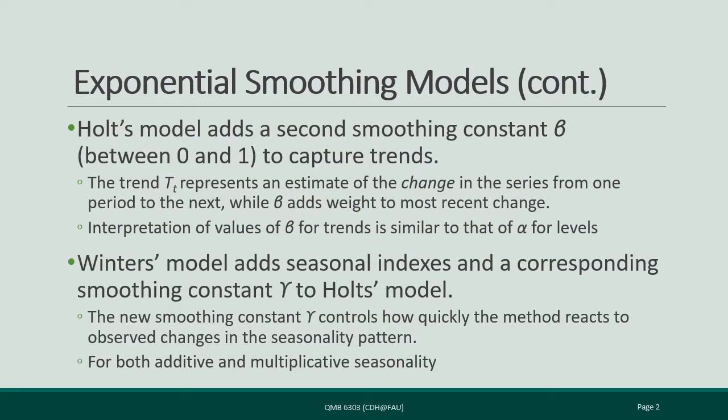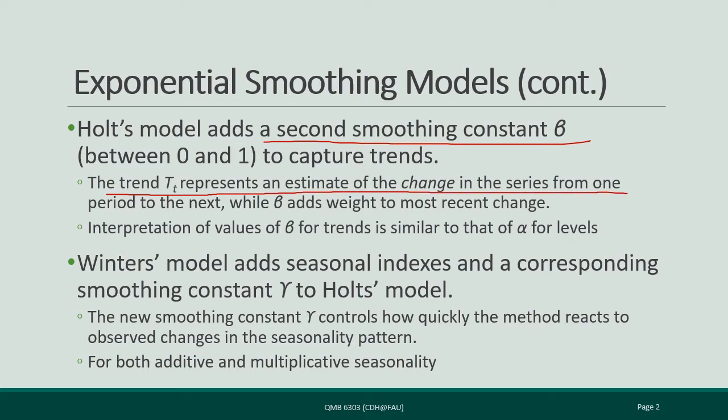Next, when we see a trend, we can apply the second-level method called Holt's model. Basically, Holt's model preserves the simple exponential method with the alpha, but it adds a second smoothing constant, beta, to capture the trends. In addition to the level, which is defined iteratively with the prior observation and all the prior levels, we have another value called the trend, defined in a very similar way.